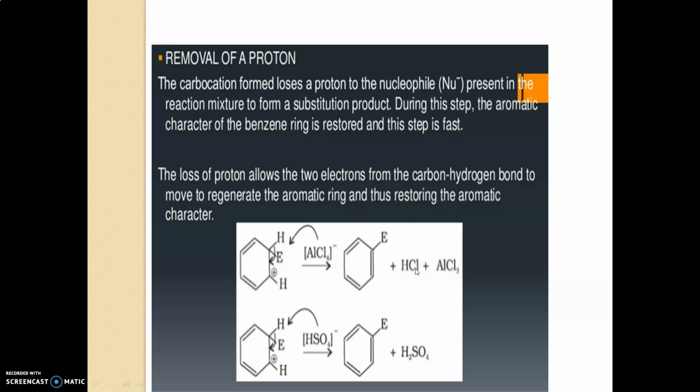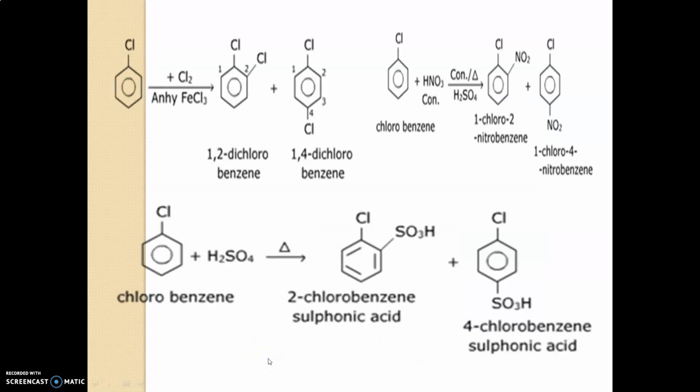These are the steps of the reaction. If we use another acid, the HSO4 and H will form H2SO4, and the bond will shift here, and we again get our haloarene. This is the reaction.